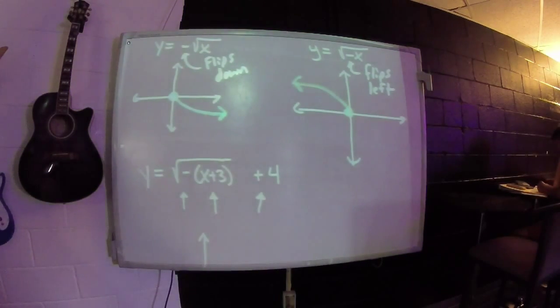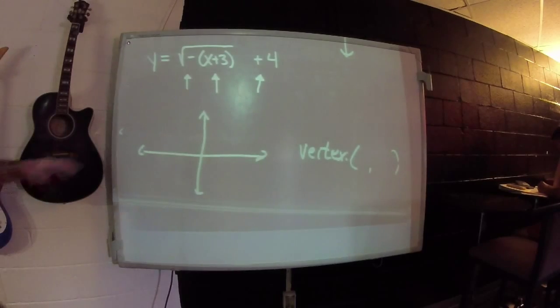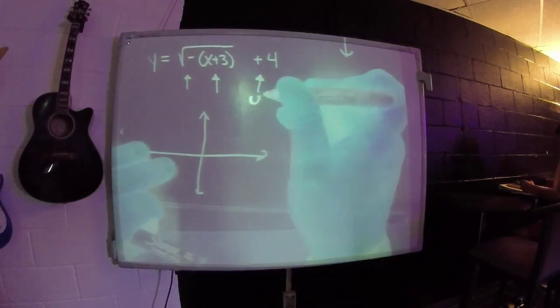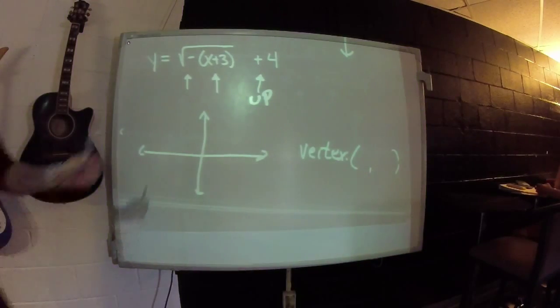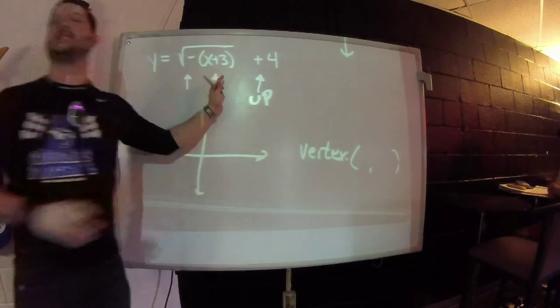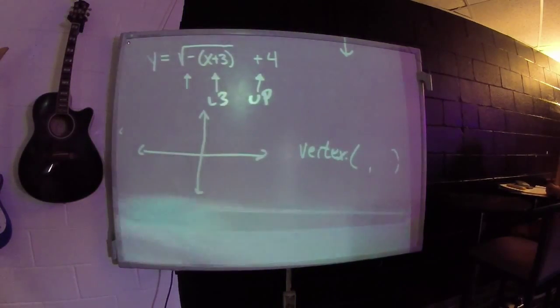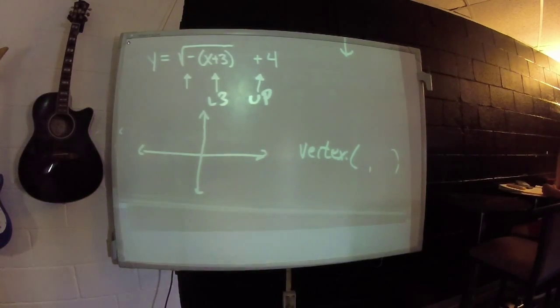And then let's look at another example here, where you have a flip. Okay, so here's your square root of x. The plus 4 makes you go where? Up 4. This x plus 3, now notice how it's written. It's a minus and then x plus 3. That way you can see that it is a left 3. It's the opposite. And then that negative right there flips it.